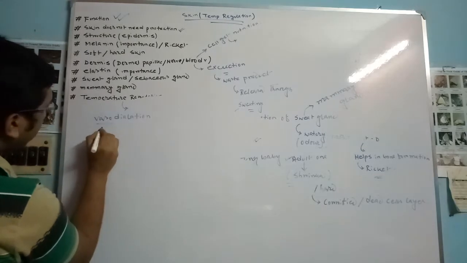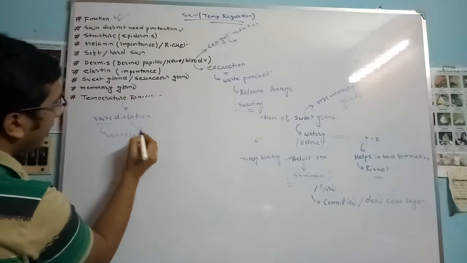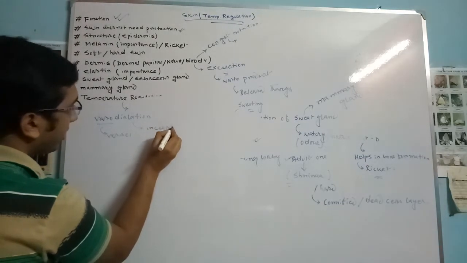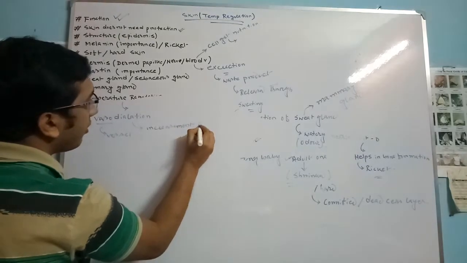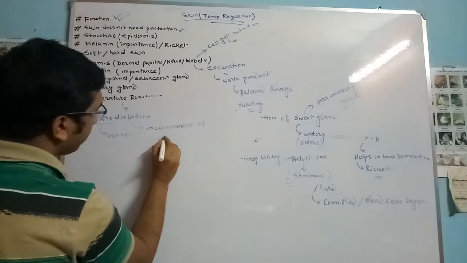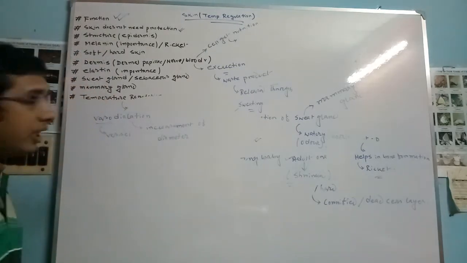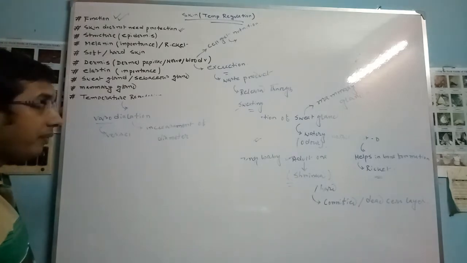Vaso means vessel, and dilation means increase of diameter. So, if the diameter of the vessel increases, what will happen?